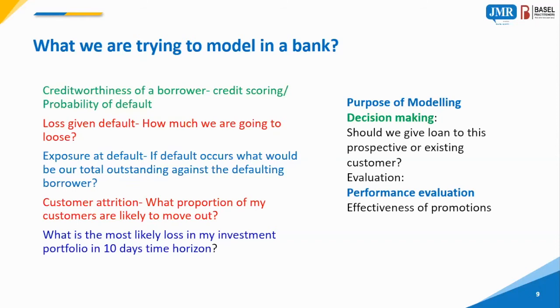Then loss given default: if loss actually occurs, how much are we going to lose? Exposure at default: if I have to model exposure at default, I would like to know, if default is going to occur, whether the exposure is going to increase very substantially. Why?